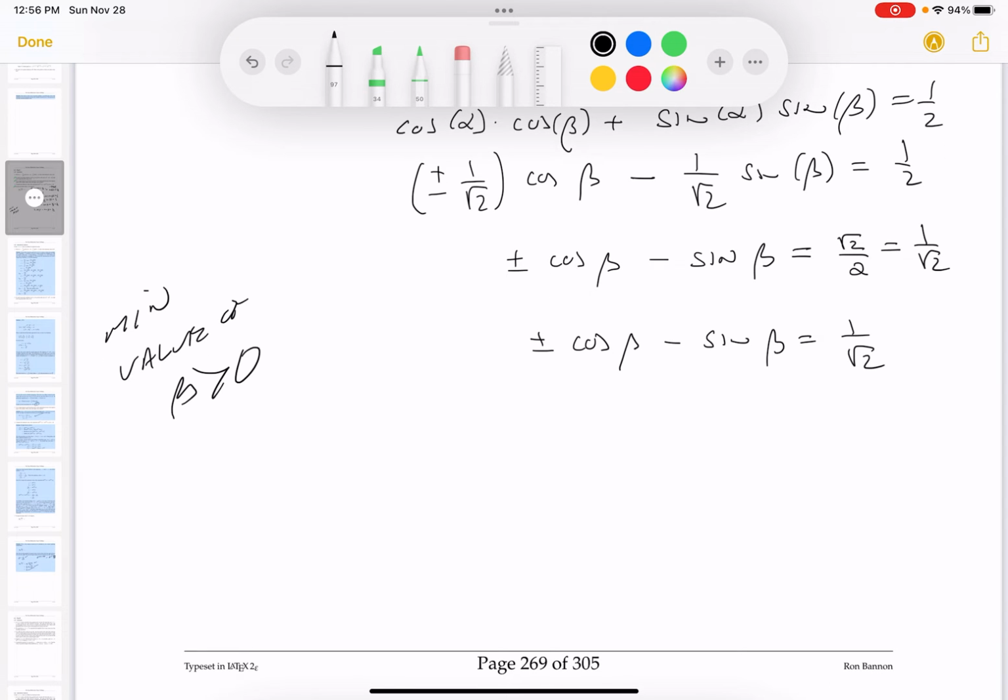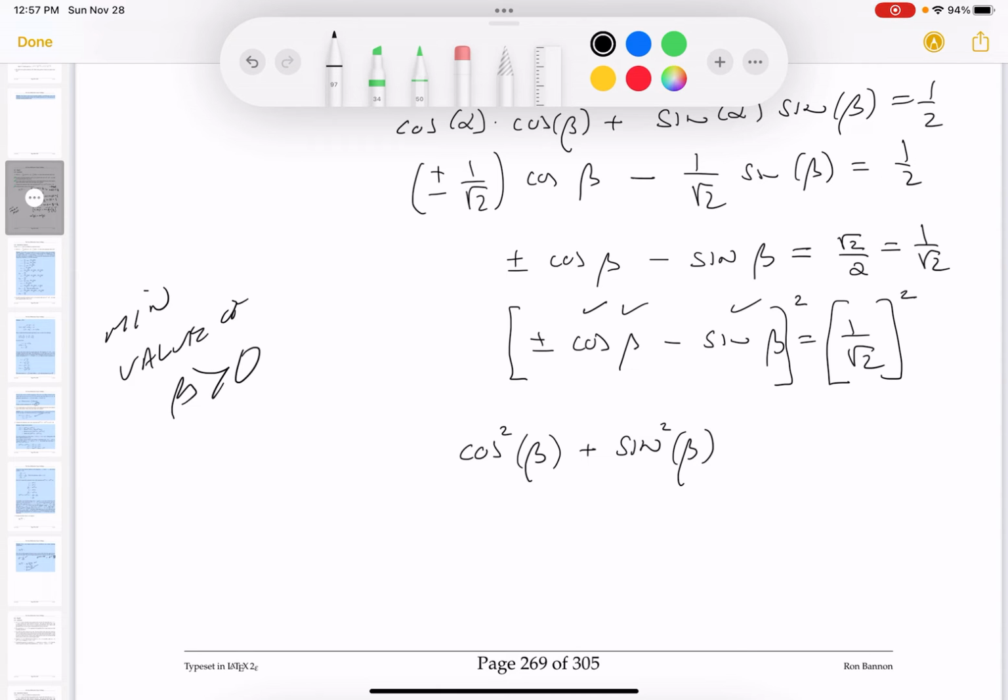All right, what I'm going to do is square both sides. Now, why would you do that? I'm trying to get something that looks like an identity to me that I can deal with, because these 2 functions over here are kind of bothering me. So I'm going to square both sides, and I think I can handle that. And what are you going to get? Well, you're going to get cosine squared beta, that's from this over here, plus sine squared beta.